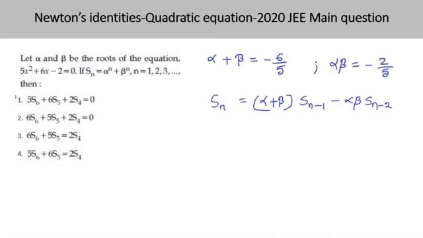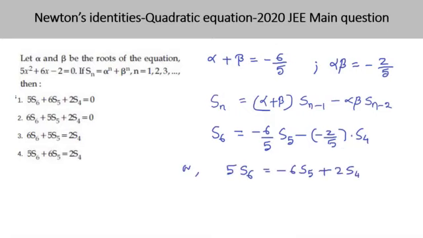When we put n is equal to 6, it will become S6 is equal to minus 6 by 5 S5 plus 2 by 5 S4, since Sn minus 1 becomes S5 and Sn minus 2 becomes S4. So the equation will become 5S6 plus 6S5 is equal to 2S4.